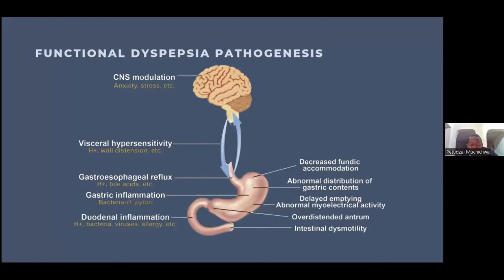All these contribute to the development of functional dyspepsia.